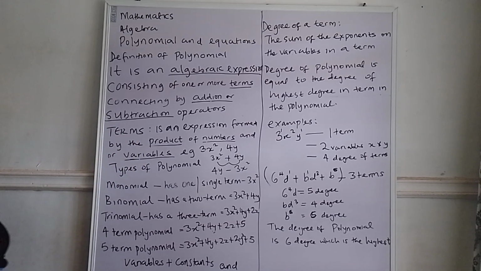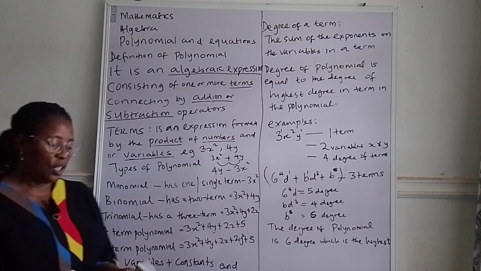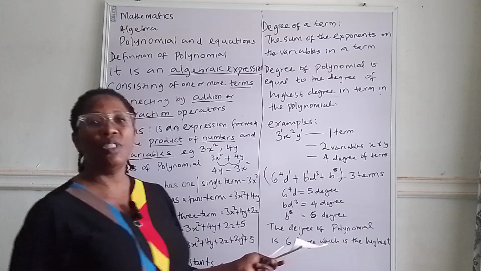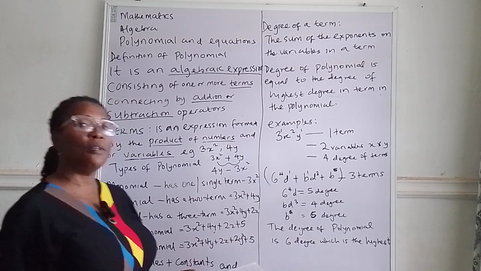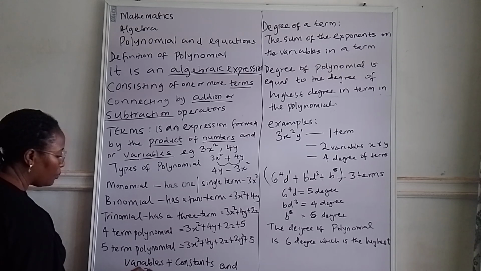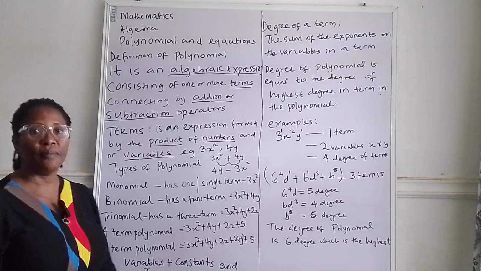What does this mean? A variable is a letter A to Z. A is a variable, B, X is a variable, Y is a variable. Let's pick X. This is a variable. And a constant is a number.